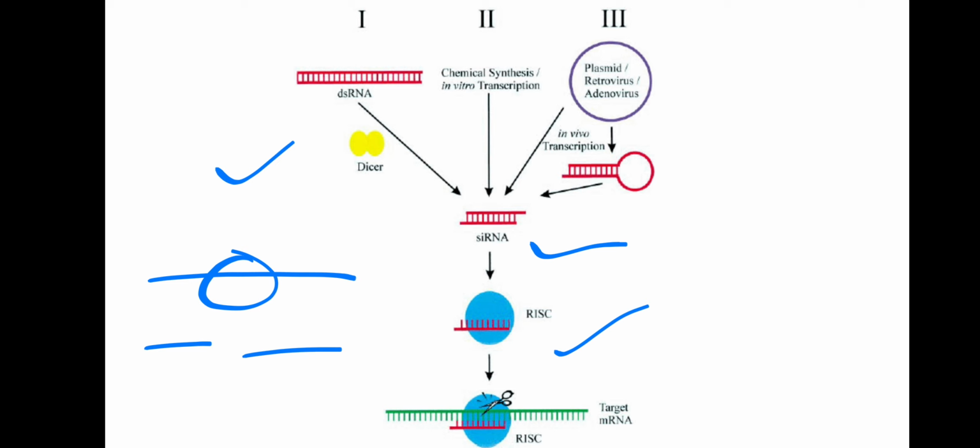This cleavage activity stops gene expression, the translation, so they ultimately stop the activity.